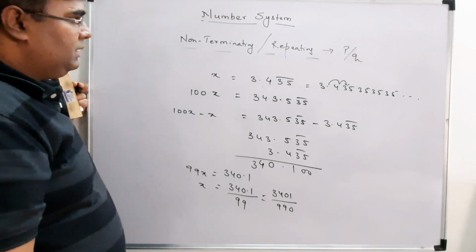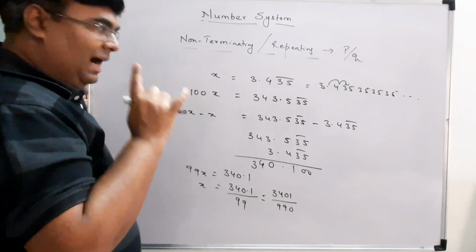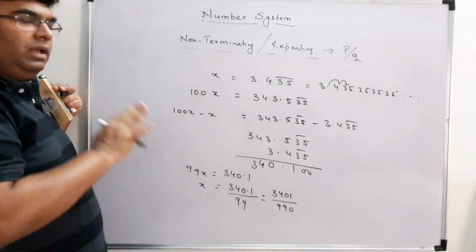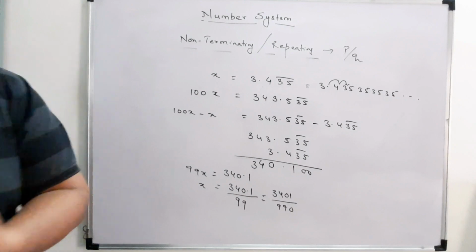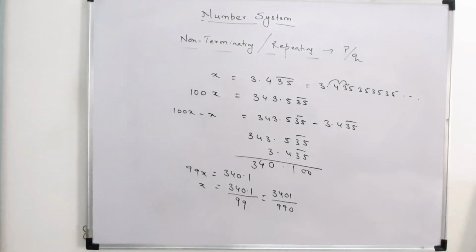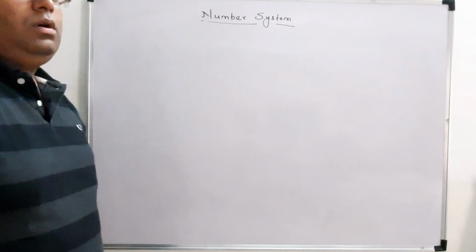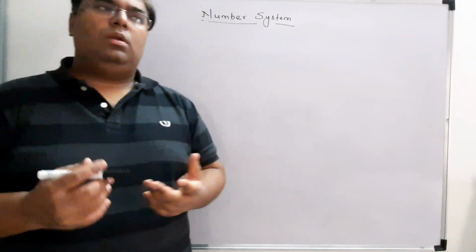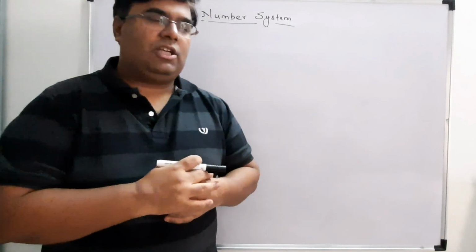Okay, so you got the concept of how to convert non-terminating and repeating decimals into p by q form. The same steps will be followed in every case. So we have learnt about the 5 kinds of numbers, which are whole number, natural number, integer, rational and irrational.